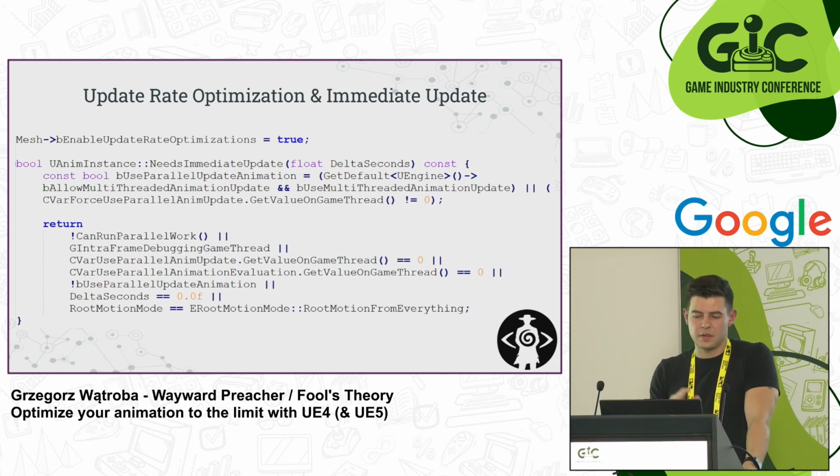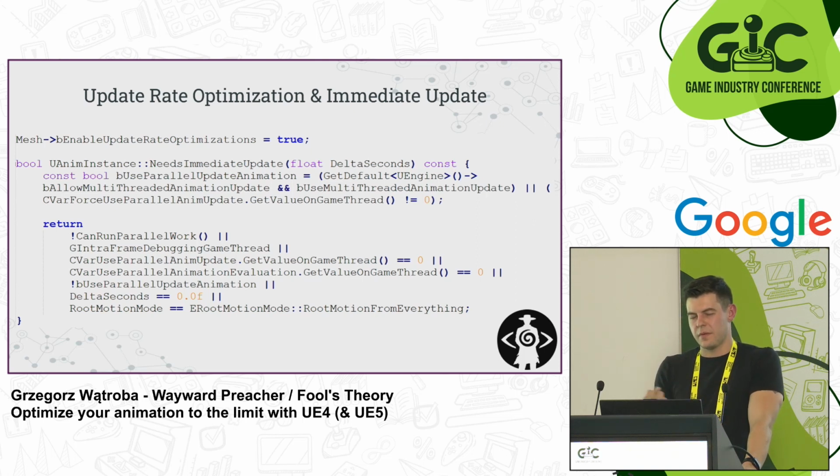Also, if you're still experiencing lack of visible gains after all of those techniques I've described, look at the needs immediate update method within the code. If it returns true, it means that the given anim instance cannot be multi-threaded. So you have to go through all of those flags within that method and see where the problem is.